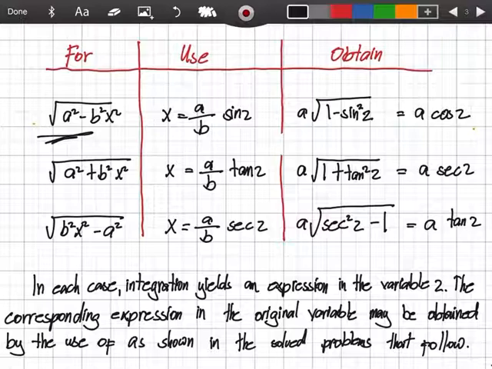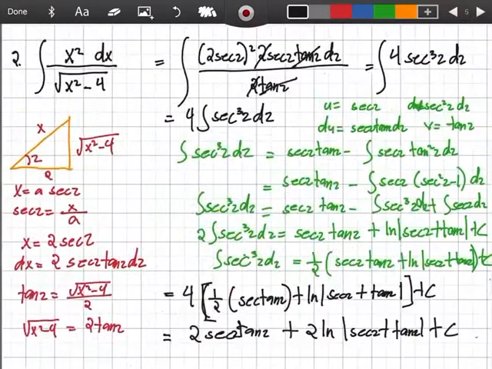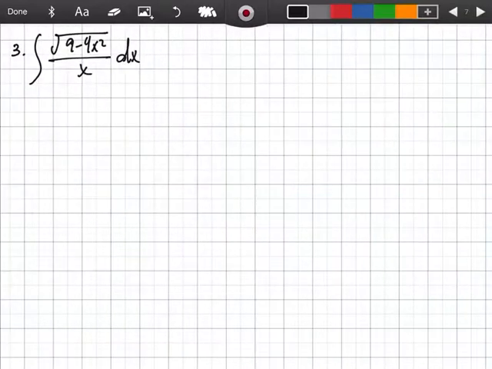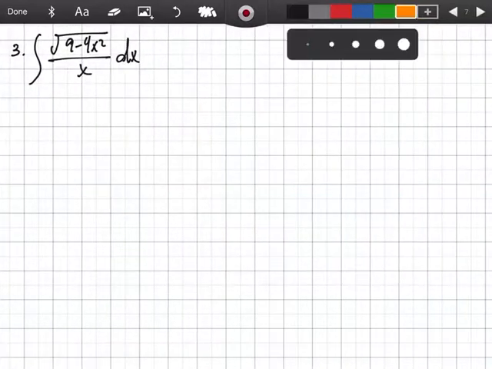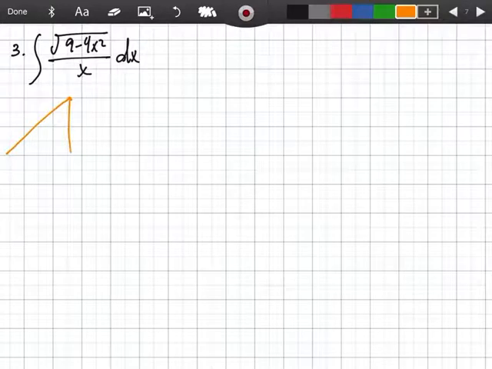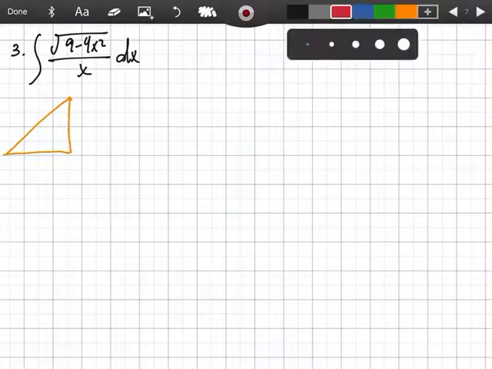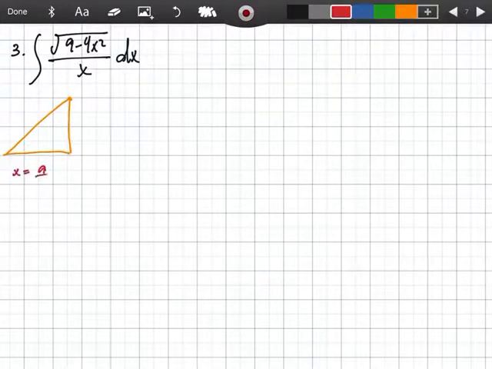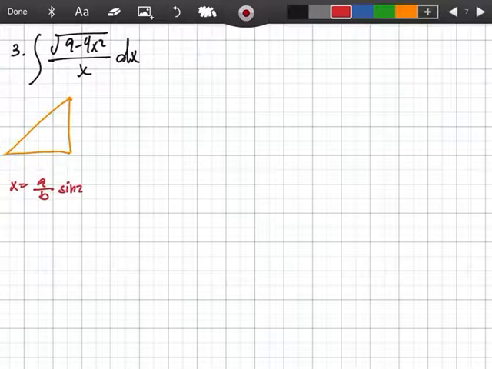Ito gagawin natin, x is equal to a over b sine z. Ano ang a natin? Ang a natin is 3 at ang b natin is 2.